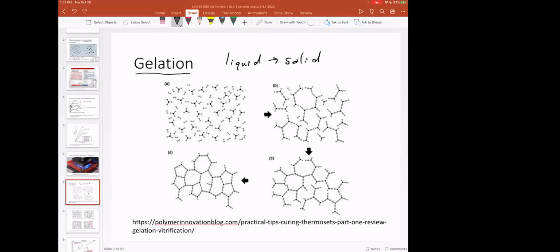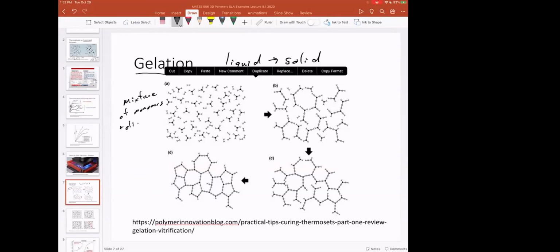My computer is just having a tough time today. The schematics here show exactly what's happening when you go from a mixture of monomers and oligomers. In general, oligomers are just big monomers, or very small polymers, but they're still liquid-like, liquid and viscous.